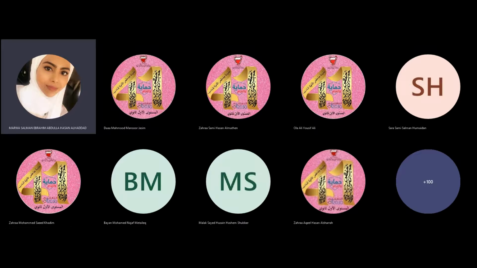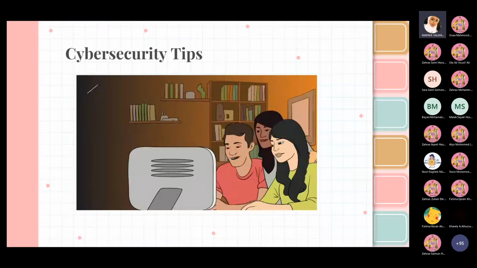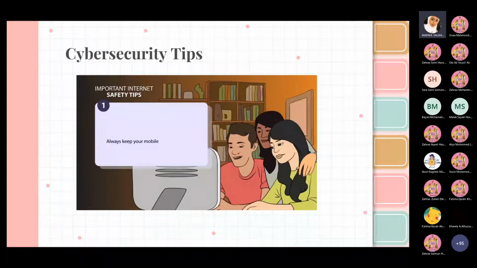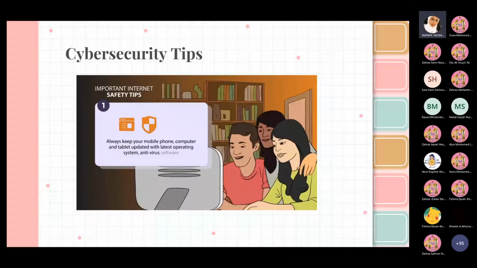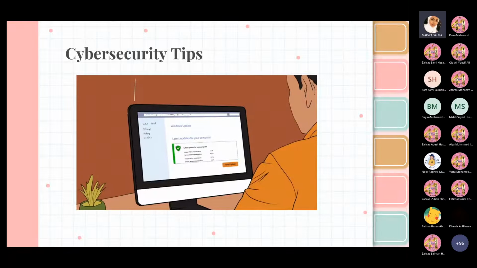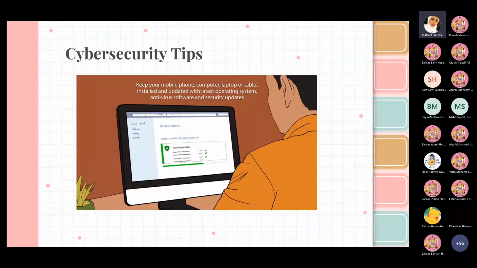Do you recognize all these means that you use to surf the internet? Here are some internet safety tips to help you surf safely. Always keep your mobile phone, computer, and tablet updated with the latest operating system, antivirus software, and security updates. Also ensure you install an operating system that is updated with the latest security updates.